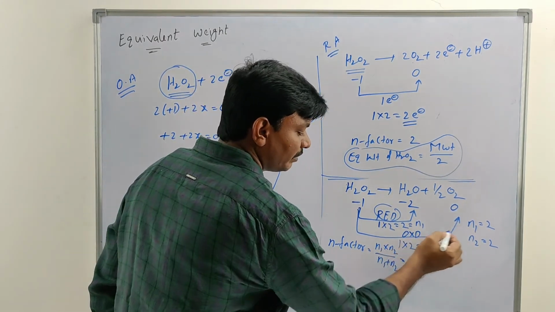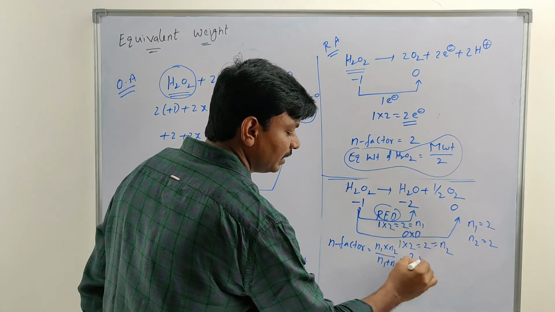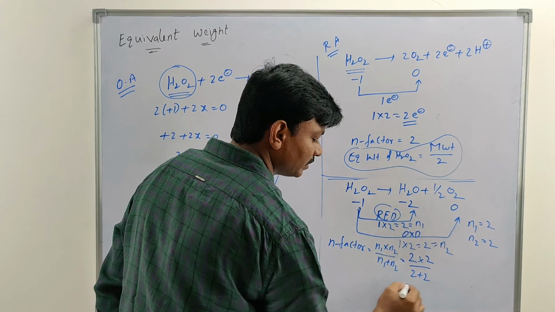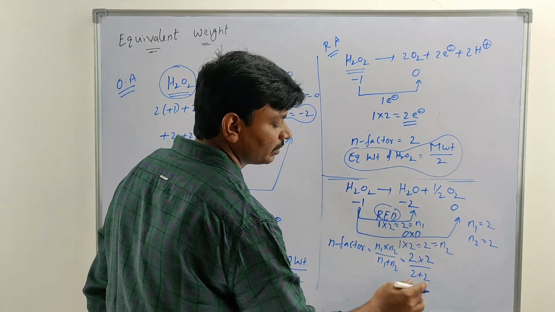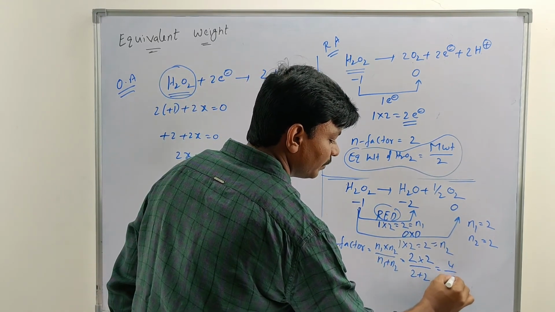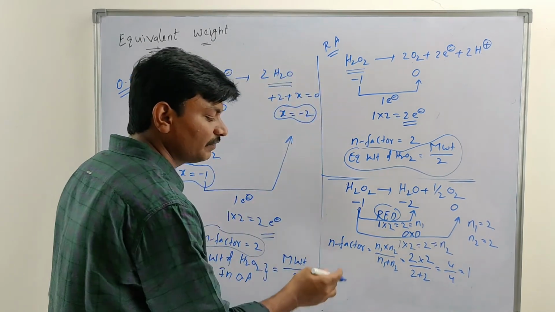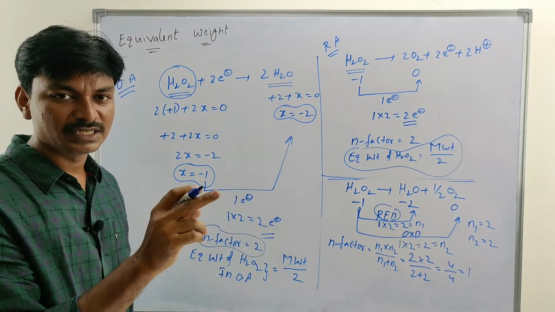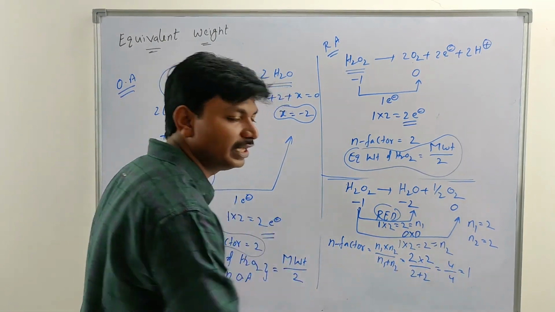That is, N1 is 2 electrons, N2 is also 2 electrons, divided by 2 plus 2. N1 equal to N2 equal to 2. That is 4 by 4, totally 1. The n factor value for H2O2 in disproportionation reactions is equal to only 1.